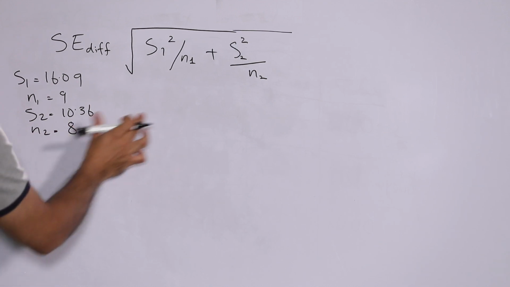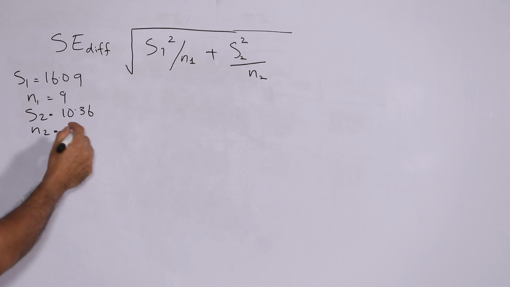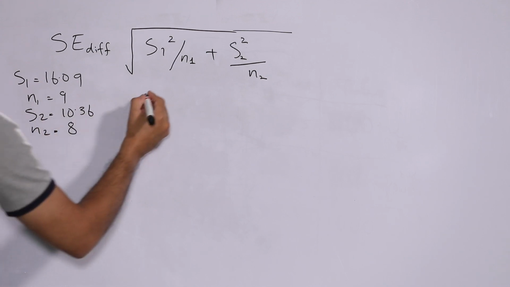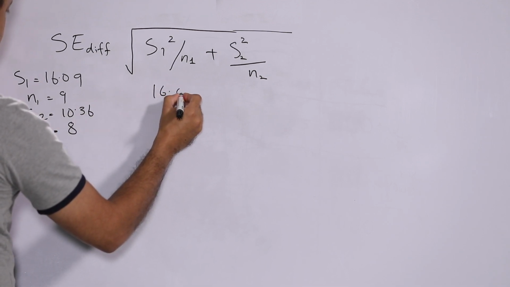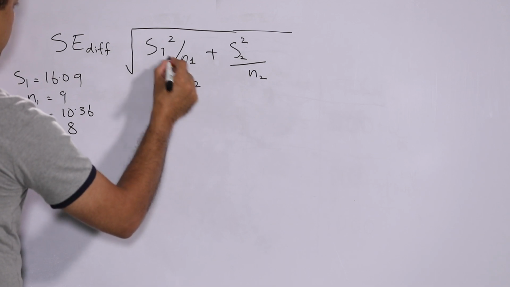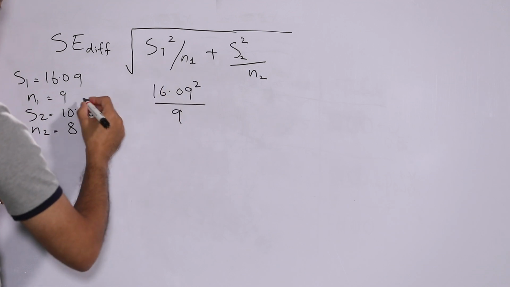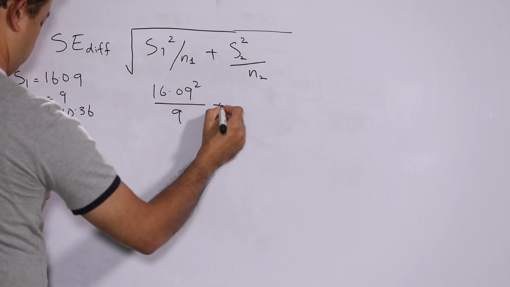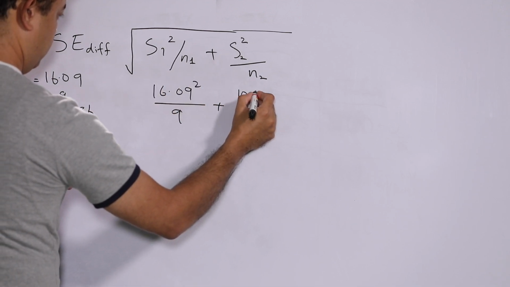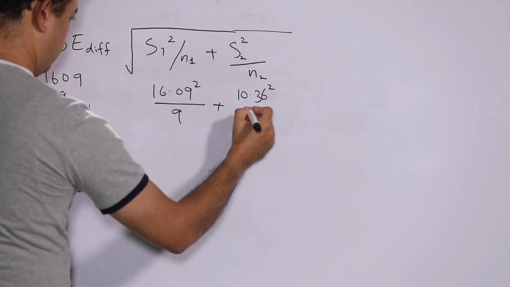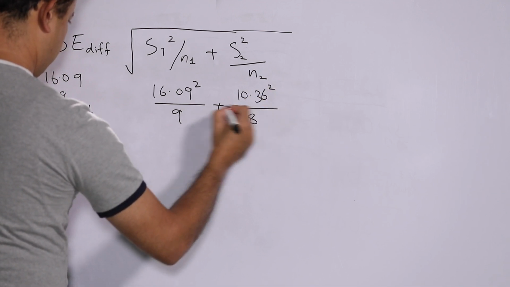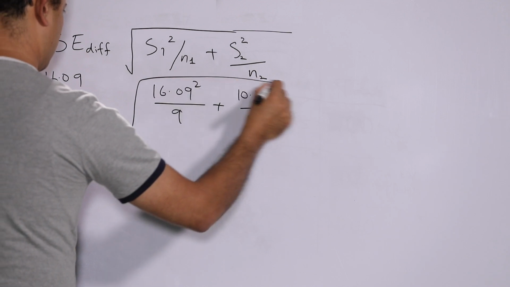So just plug in to this equation. That means 16.09 squared, that is S1, divided by 9, that is N1, plus 10.36 squared divided by 8, all within the square root.